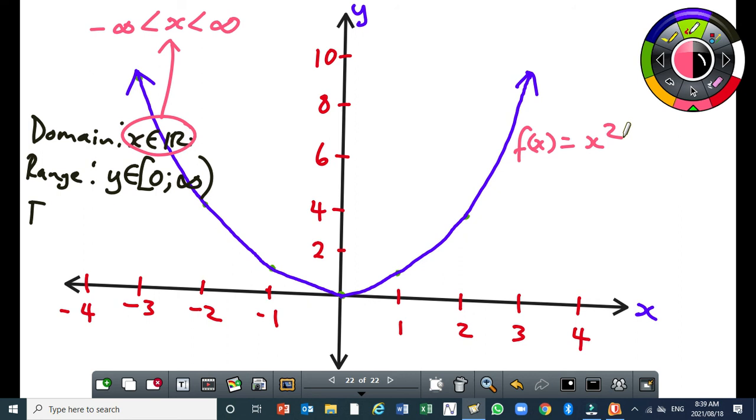Okay? You will never get a value of y that's negative for this graph. Therefore, we can't say y is an element of real numbers. But for x, yes. We're starting from negative infinity towards positive infinity.